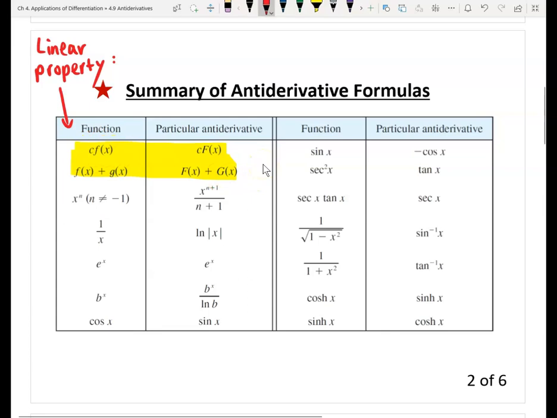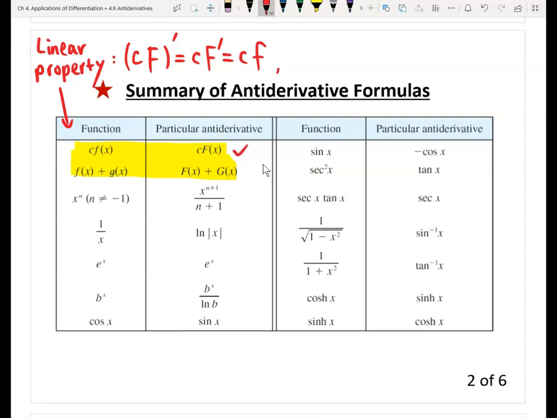Let me write this down. Capital F is a function. Taking a derivative, we learned this, the linear property of differentiation: lowercase c times capital F derivative, and therefore it is c lowercase f. This is the proof for the first.